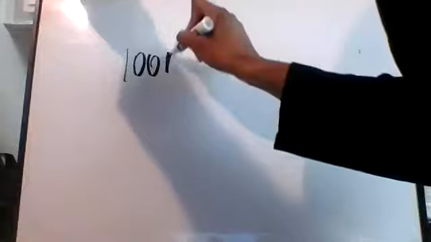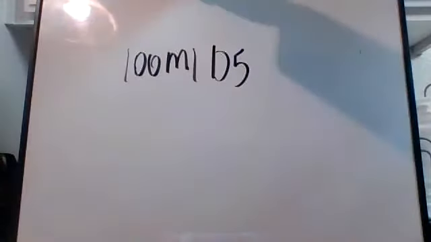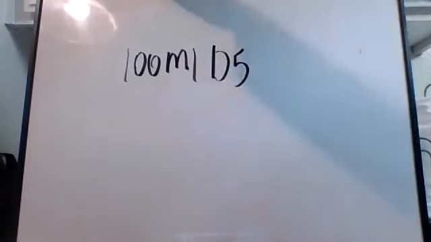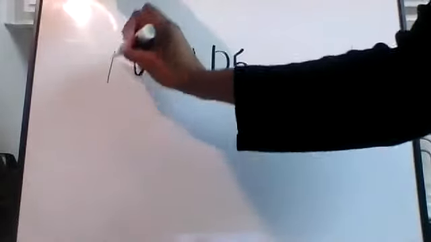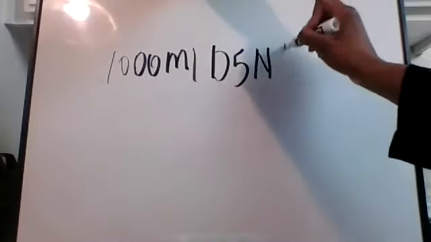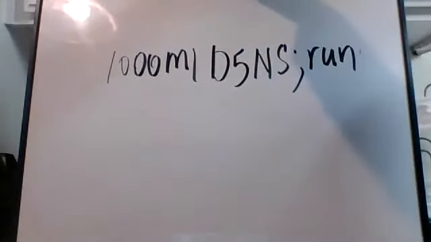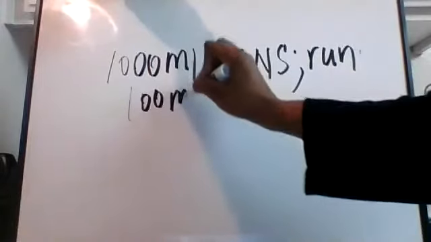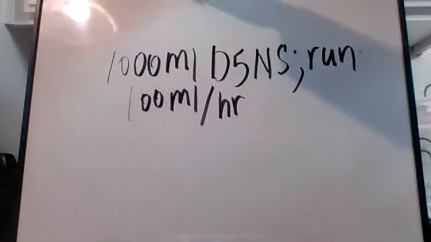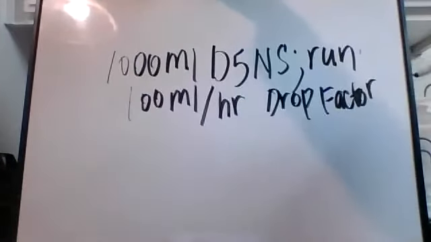All right, so here is a problem. It says 1,000 milliliters of D5 normal saline to run at 100 milliliters per hour, and the drop factor is, so you already know if you have a drop factor what you have to do, okay?